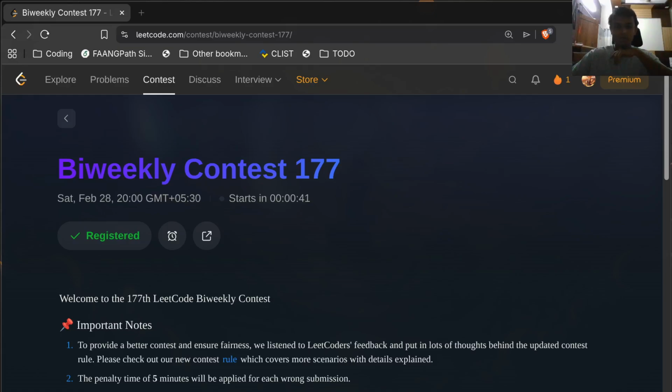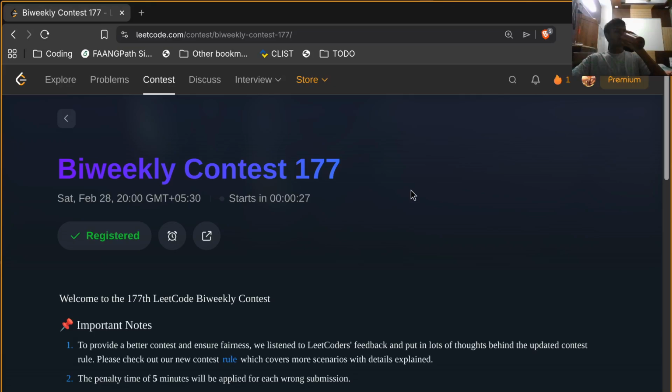I'll keep it at the top right for now. I also have this light. Not sure if I should turn it on or not.